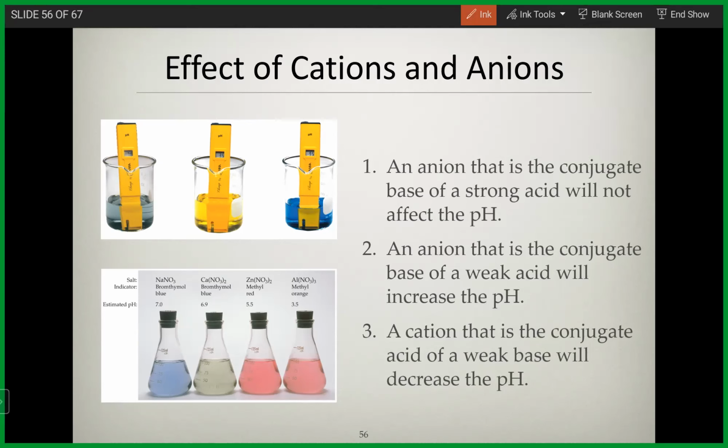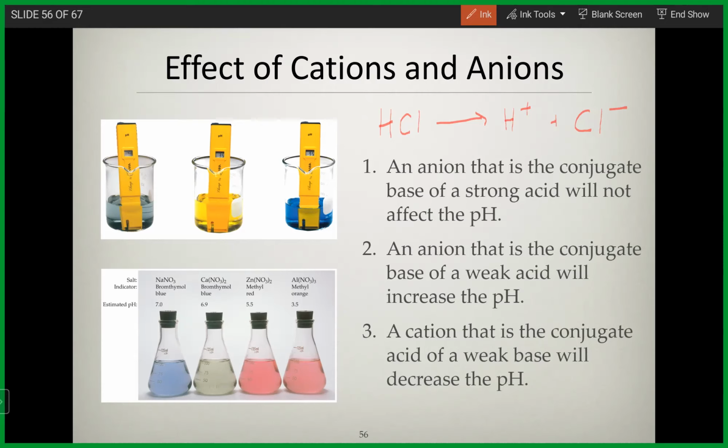So let's do HCl. If we think about chloride ions, for instance, these won't affect the pH, because when we think about something like hydrochloric acid, it's going to completely dissociate. It's going to fully give us H plus and those chloride ions.